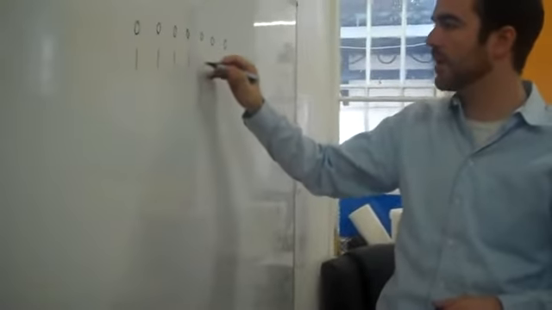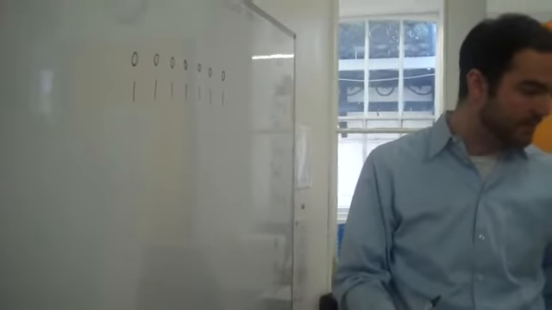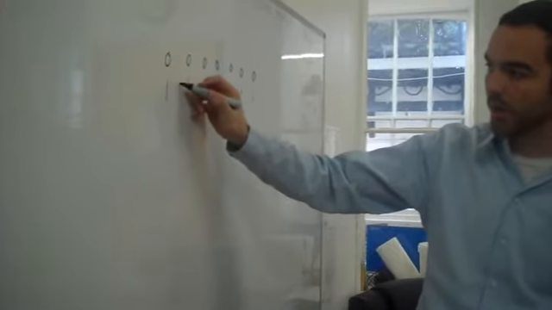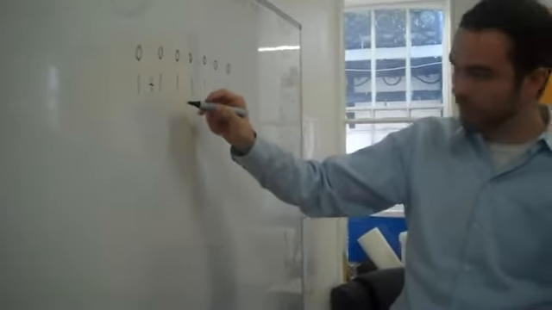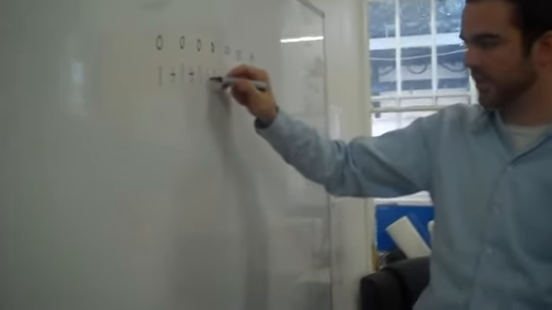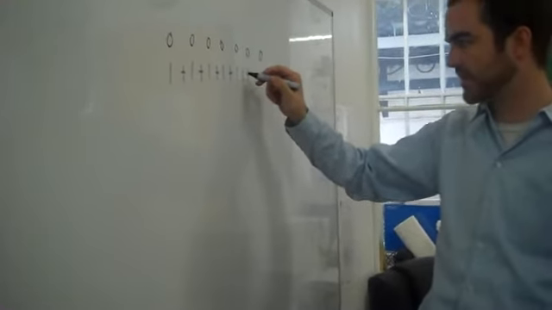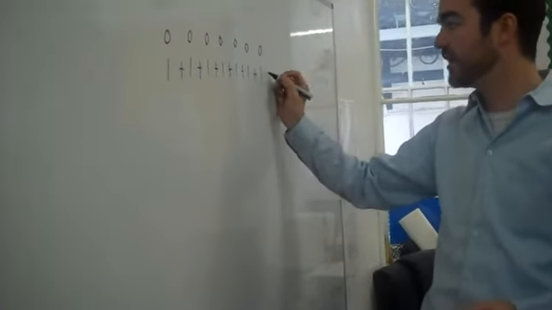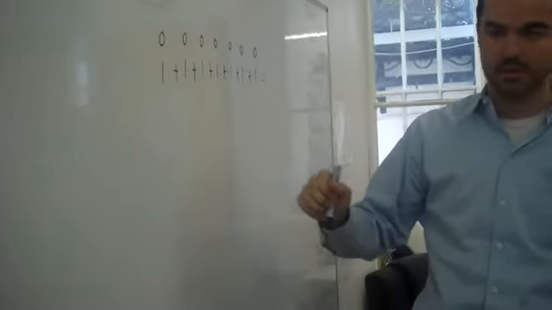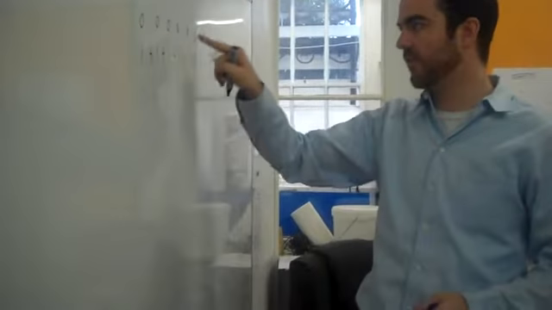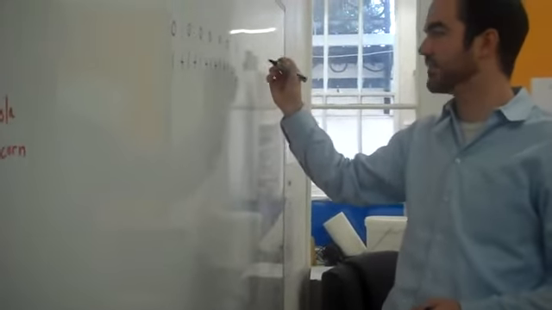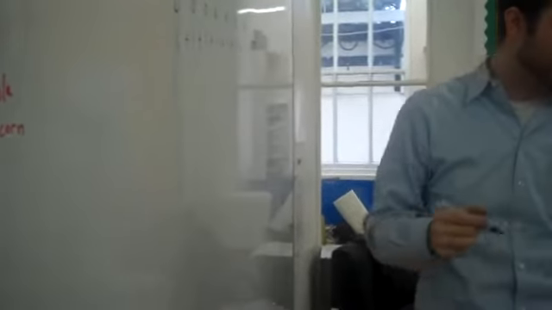Now, if I didn't use multiplication, I would have to do what? 1 plus 1 plus 1 plus 1 plus 1 plus 1 plus 1 equals 7. So it costs £7.